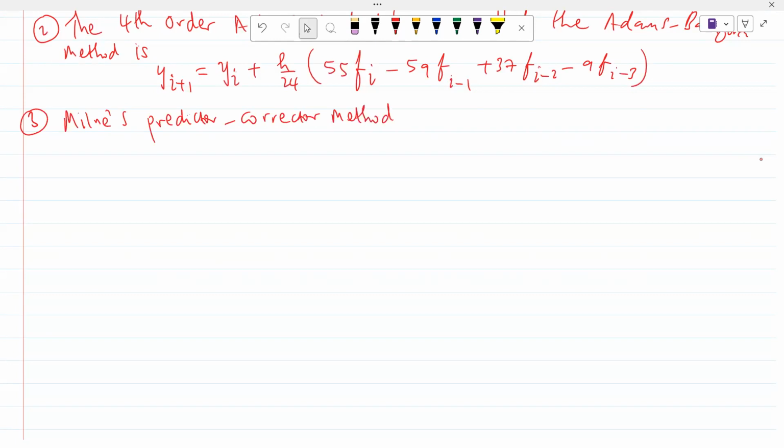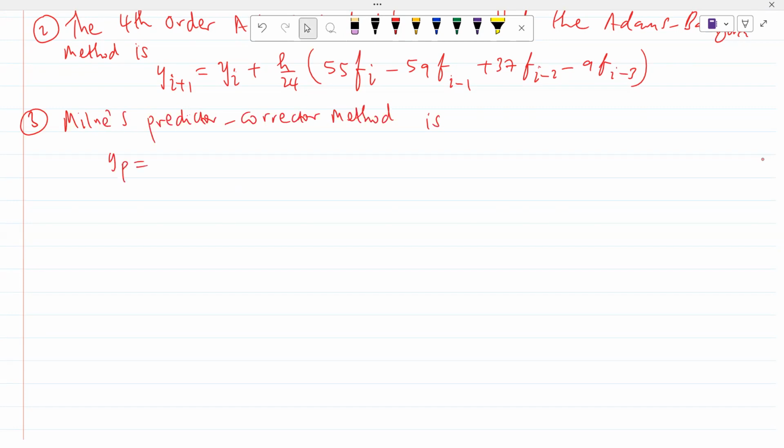It's very important that you learn the formulas as well. We used something similar for the Adams-Moulton.